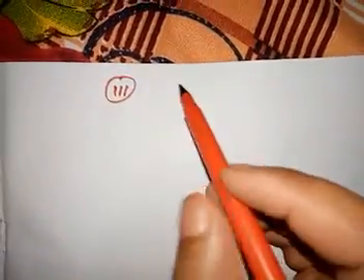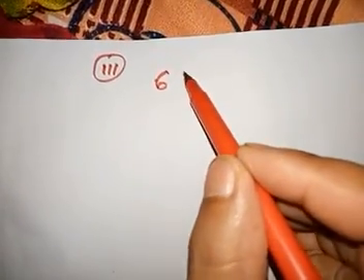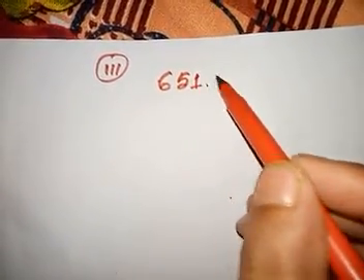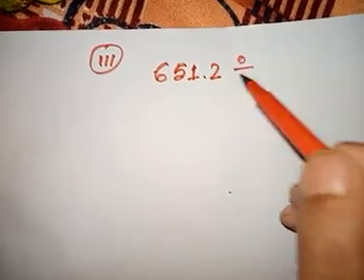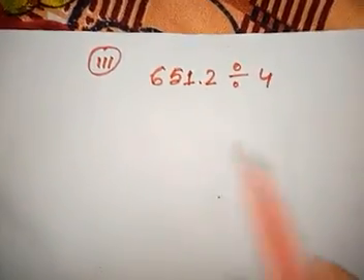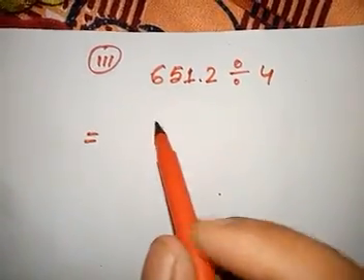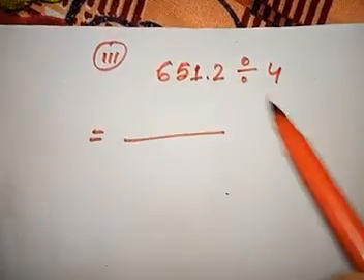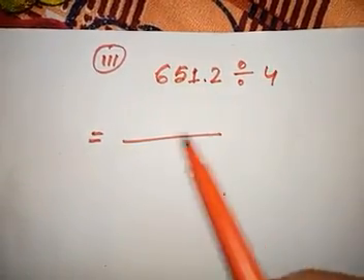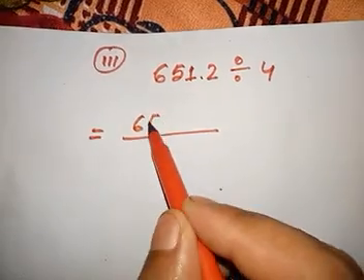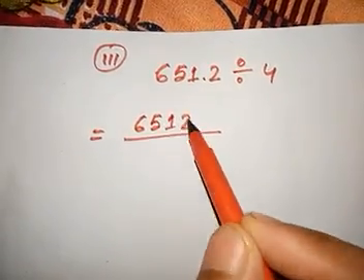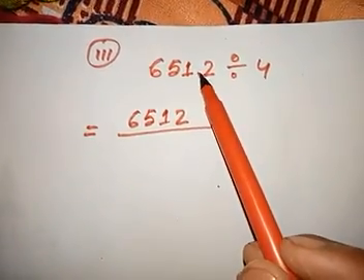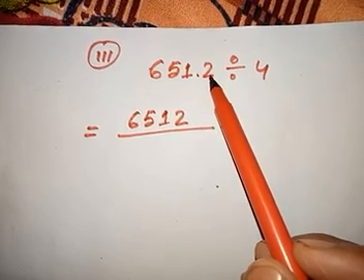Suppose number 3 is your 651.2 divided by 4. So let's divide it. So the first step is you have to remove this decimal. So to remove this decimal, 6512. Let's see, the decimal is before how many digits? 1 digit.